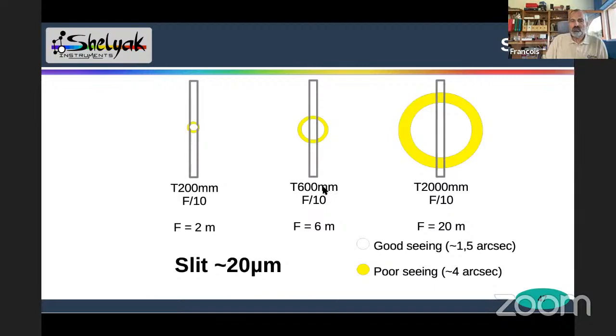And if you have a bigger telescope, a 60 centimeter telescope with the same slit, you see that in this case you will lose light, and it will be even worse with a bigger telescope, with a 2-meter telescope. So really, you have to adapt the slit on one side to the spectroscope resolution and the pixel sampling, but on the other side, you have to adapt the slit to the telescope. Okay.